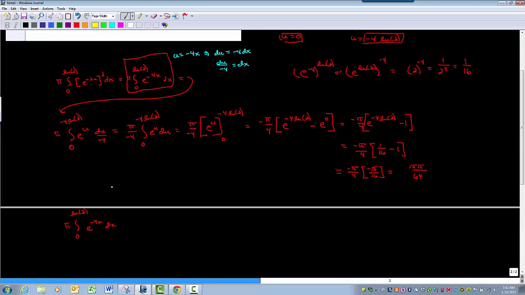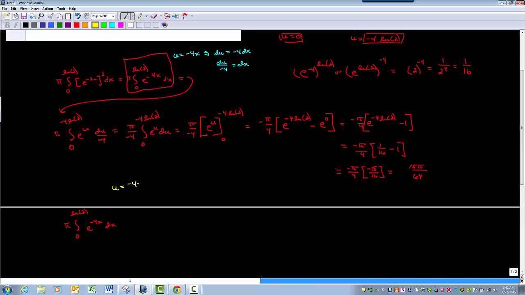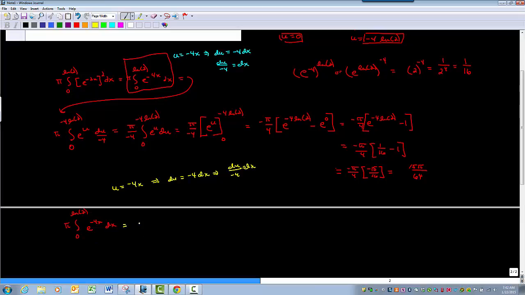Okay, what I do is I always say, okay, let's let u still be equal to negative 4x. Again, that still implies that du is equal to negative 4 dx, which implies that du over negative 4 is equal to dx. So what I'm going to do is replace it in here, but I'm going to leave my bounds the same.